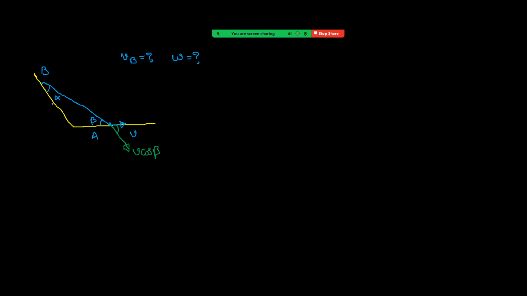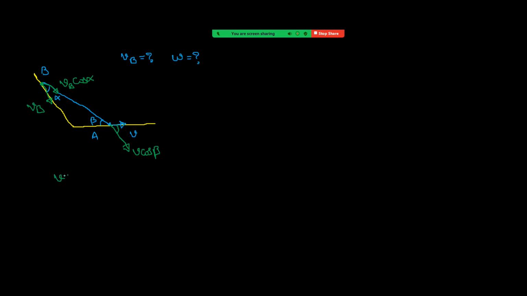Next, the velocity of B will be along the inclined plane. This is VB. Its component along the rod length will be VB cos alpha. Now the condition is that since it is a rigid body, its length does not change.